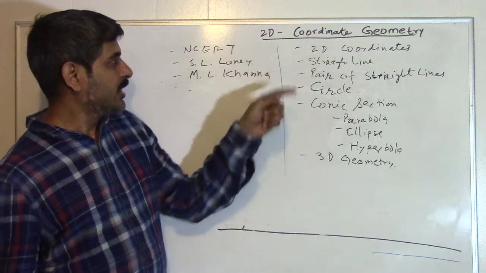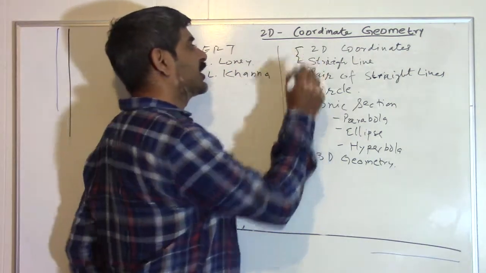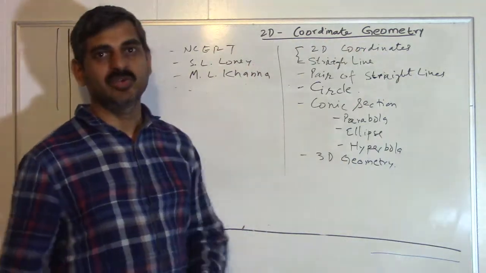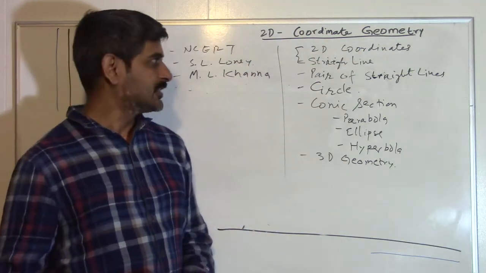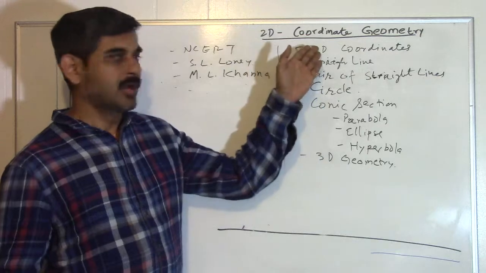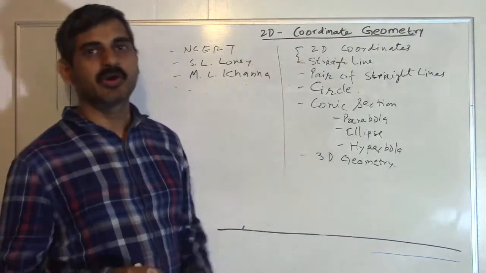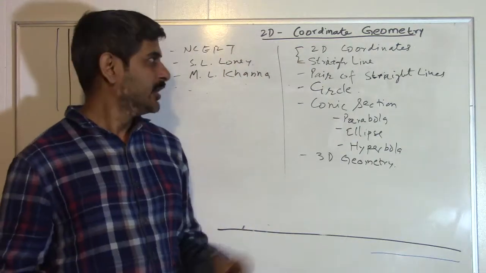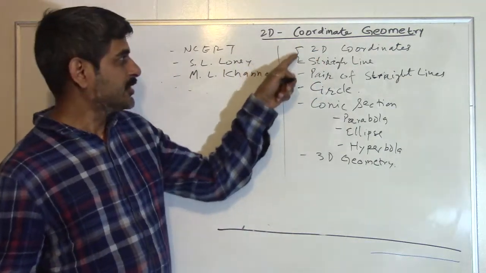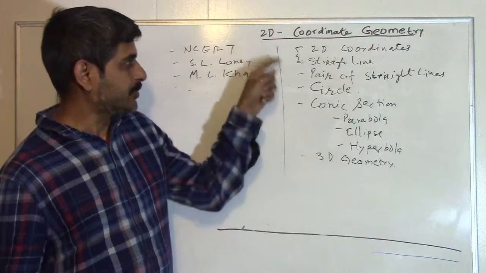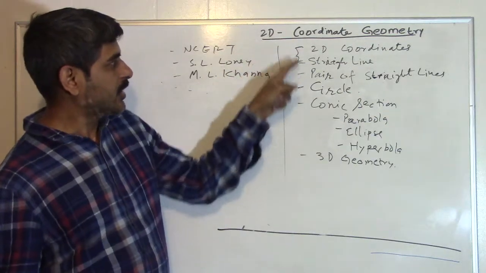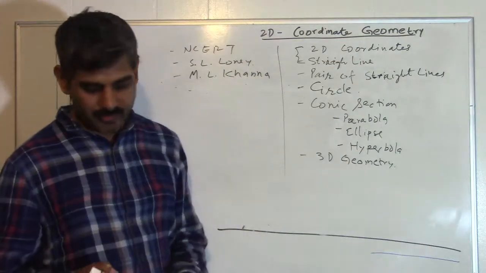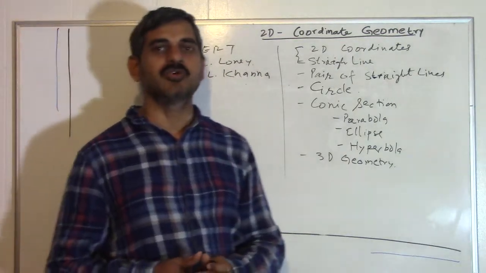Sometimes 2D coordinates and straight lines are considered to be just one chapter, because 2D coordinates are actually class 9th and 10th course, not really, but because we will deal with some advanced type of problems, that's why we are using it as a separate chapter. But these two are essentially one big chapter, and then circle, and so on, just five or maybe at the most 7 chapters, and that's all you need to do.